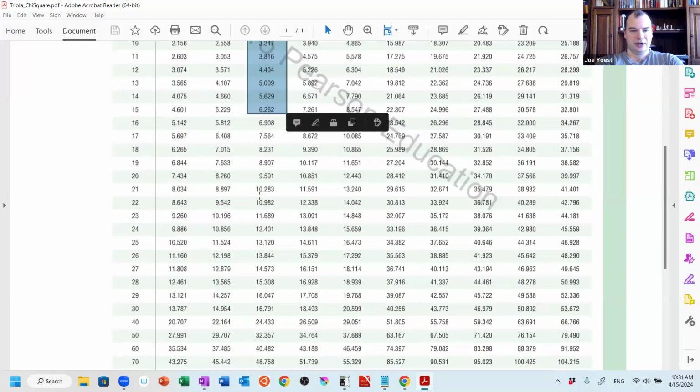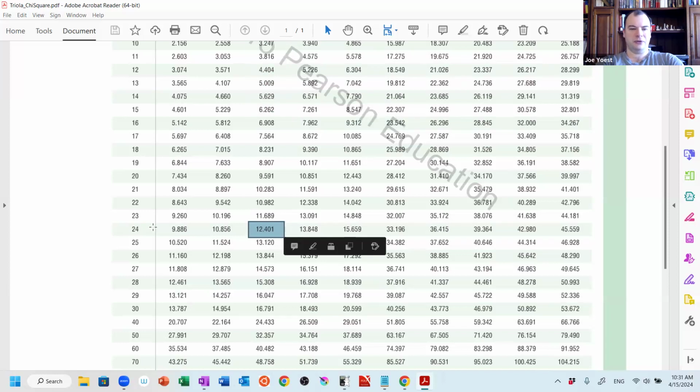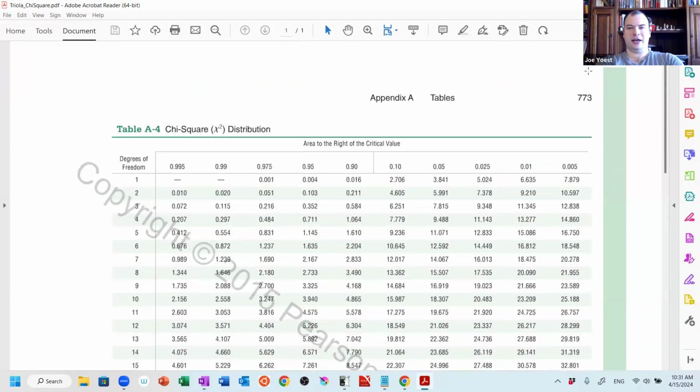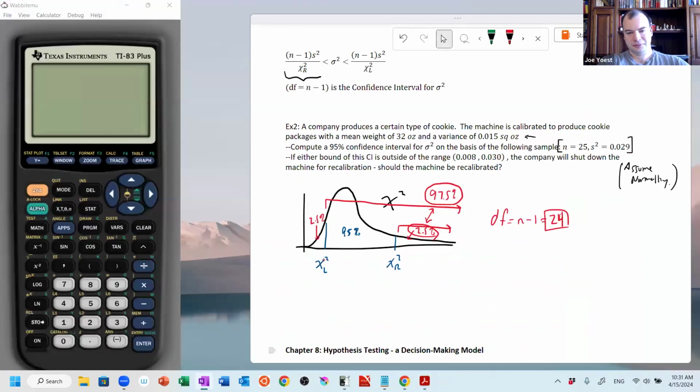And if I look at where that column intersects 24 degrees of freedom, that is right here at 12.401. 12.401 is the chi-squared index with 97.5% area to the right.